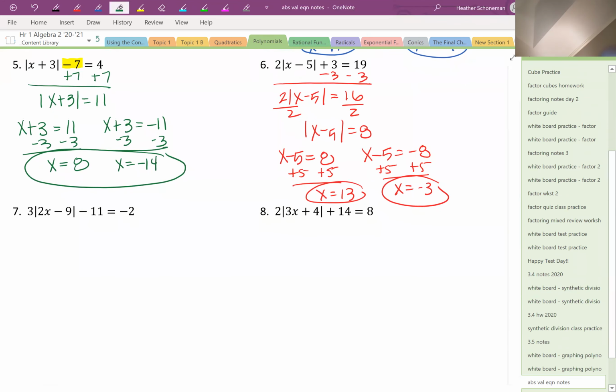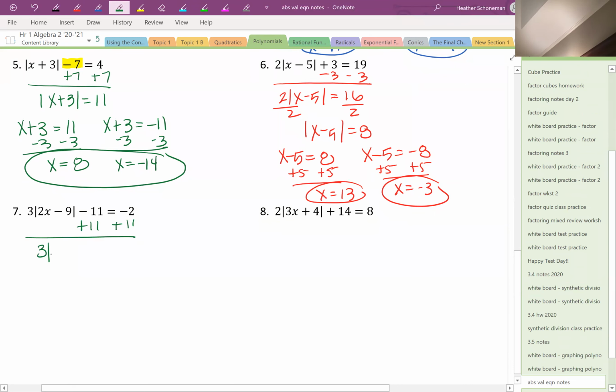All right, let's try this again on number 7. So just like on number 6, we want to do the addition and subtraction first. So I'm going to add 11 to both sides. So I get 3 times the absolute value of 2x minus 9 equals 9. Divide by 3. So the absolute value of 2x minus 9 equals 3.